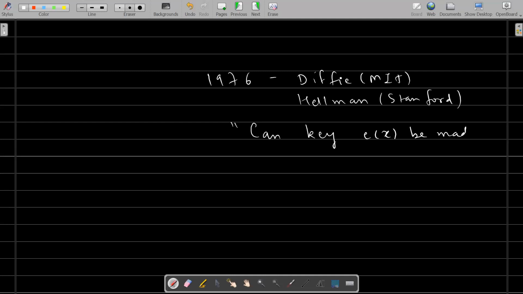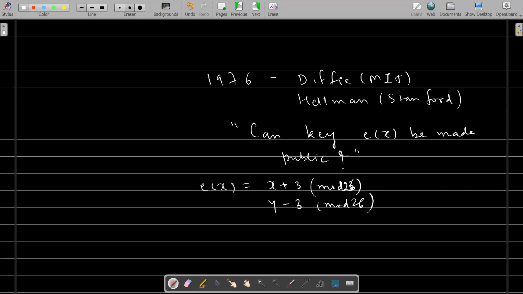It should not be made public, otherwise anyone can read. For example, if I'm using the Caesar cipher, and I make it public that I'm using E of X equal to X plus 3, then anybody, like you or anyone, can hack my message: whatever message they get from me, they simply compute Y minus 3 modulo 26, right?